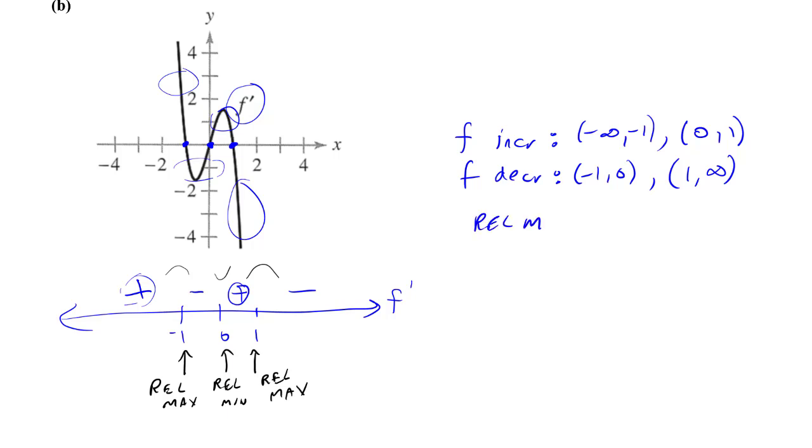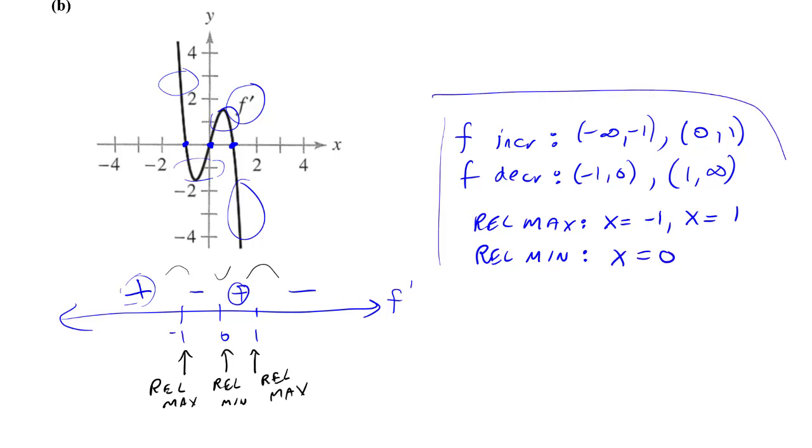Relative max, well, there were 2. x is -1 and x is 1. And a relative min when x is 0. Okay, so I was able to say almost everything from before. The only thing that I couldn't do is give y coordinates to the max and mins, but that's okay.